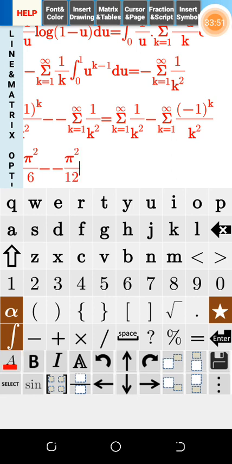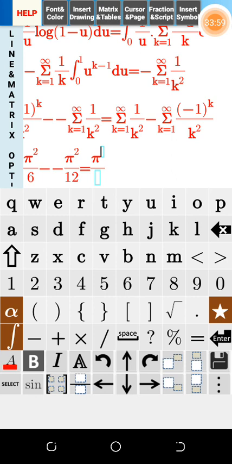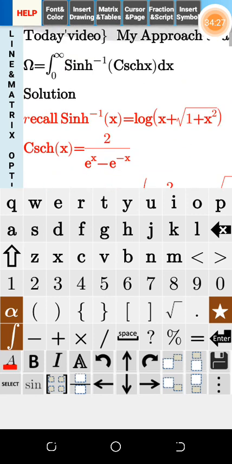So this is now equal to pi squared over 6 plus pi squared over 12, which is equal to pi squared over 4. So this is our required answer to this question.